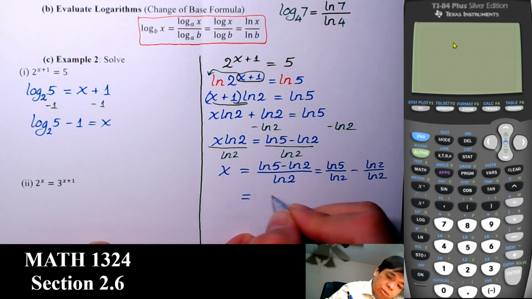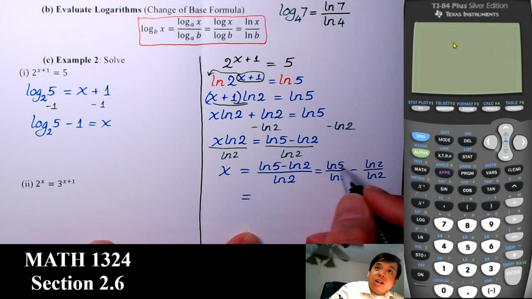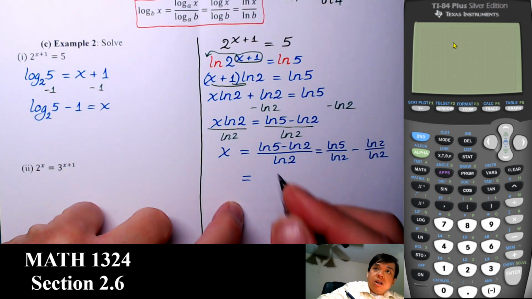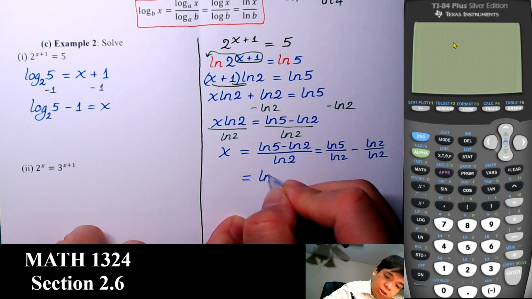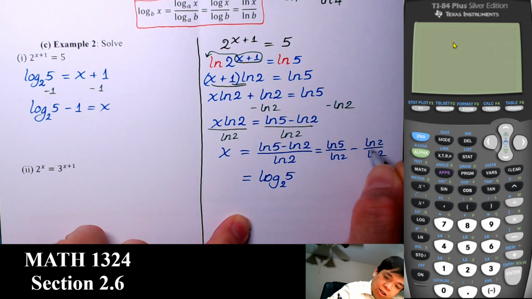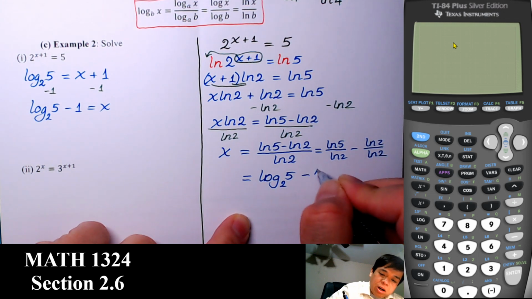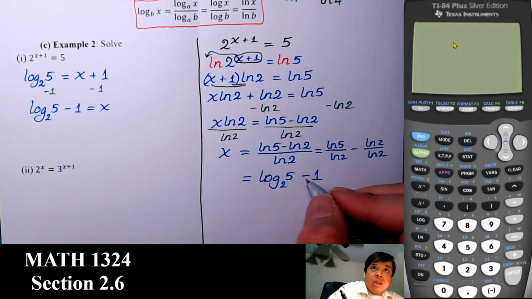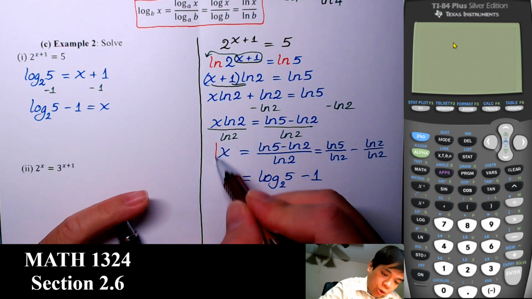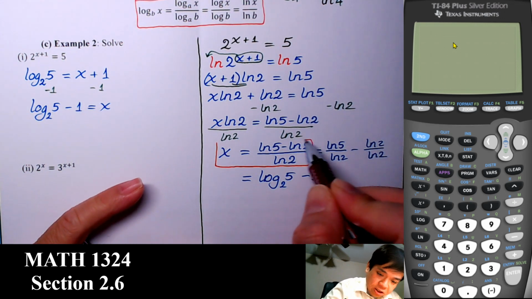And now with this we can write the change of base formula, right? Let's write it backward. We have log, the bottom is the base. ln of 2 over ln of 2 is 1. So in this they are the same. Right, but we can just stop here as the answer.